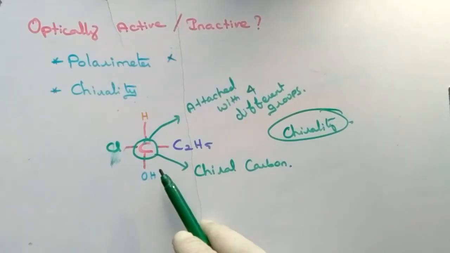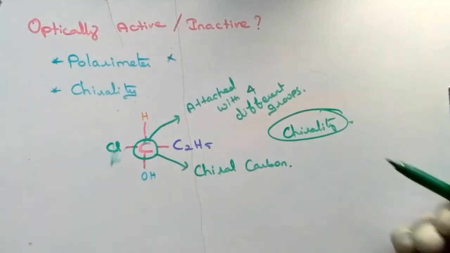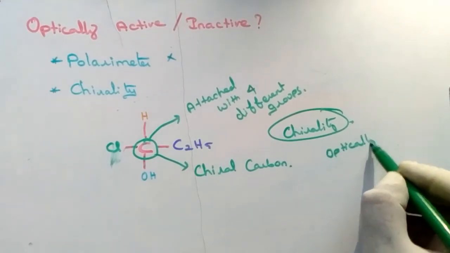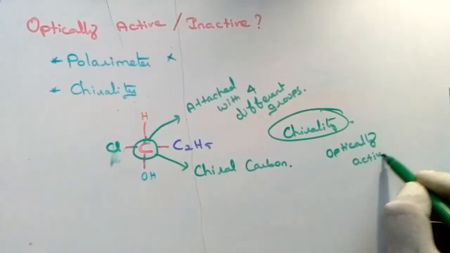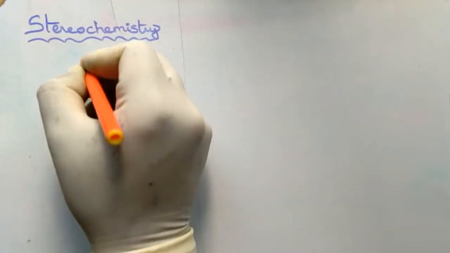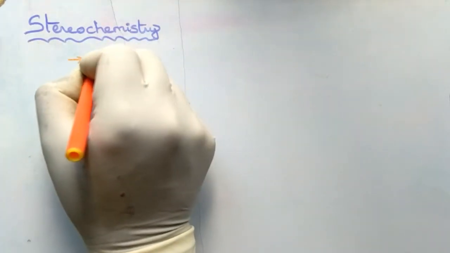Then that carbon is called a chiral carbon, and this behavior is called chirality. If a carbon is attached with 4 different groups, then definitely that compound will be an optically active compound. So by chirality also we can find out whether the sample is optically active or inactive.